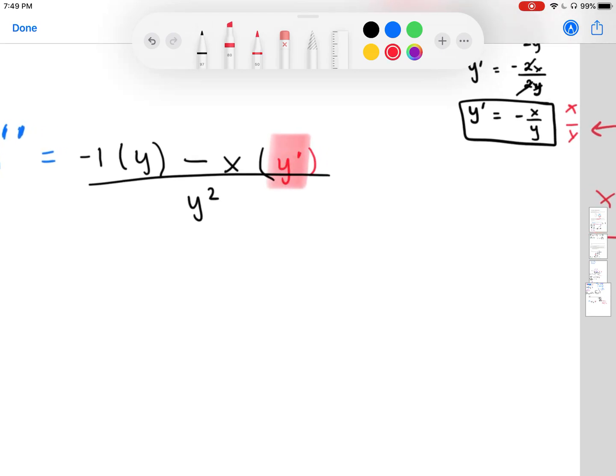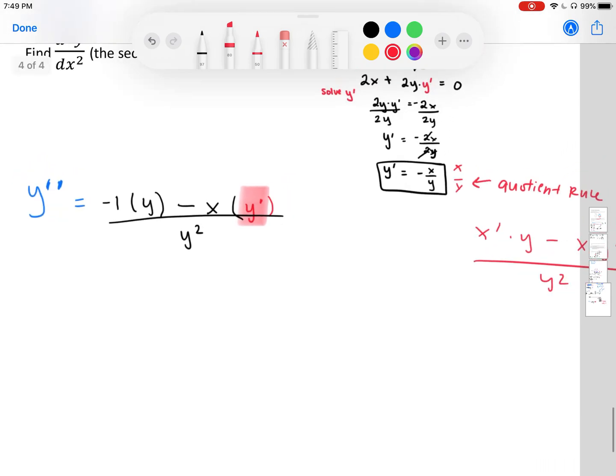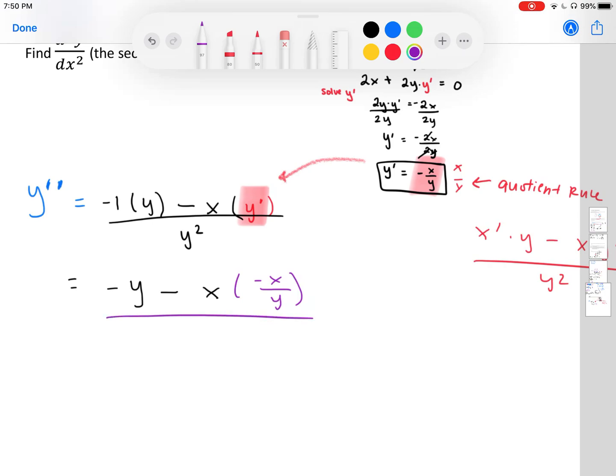Okay, notice this y prime. Do we know what y prime is? And we do, right? We established it here. So let's go ahead and substitute these values. So we have negative y minus x times negative x over y, divided by y squared.